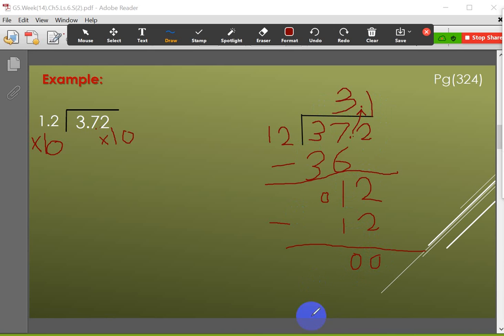So the quotient is what? 3.1. Also the quotient here is 3.1. Okay, thank you, Reem. Thank you so much.